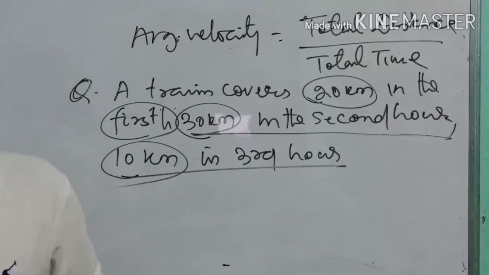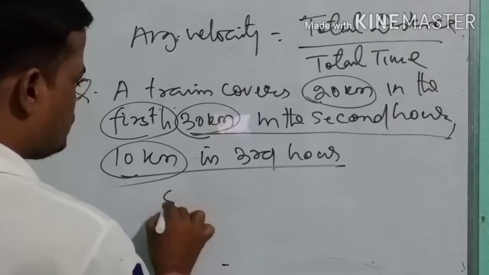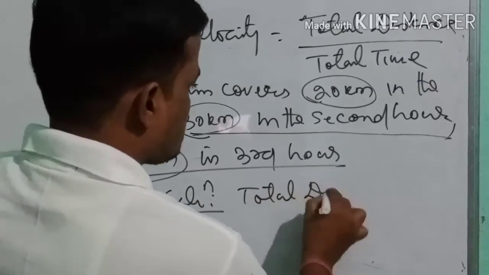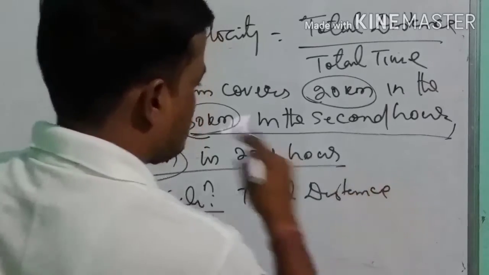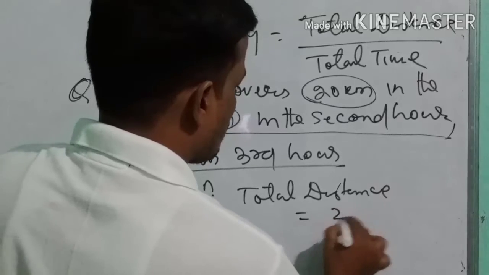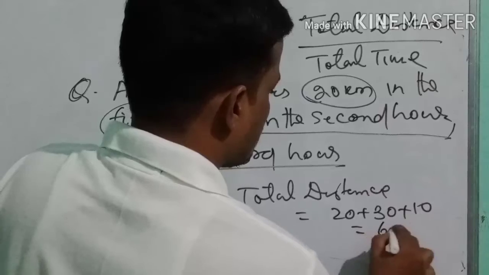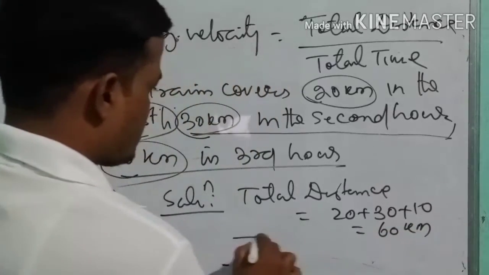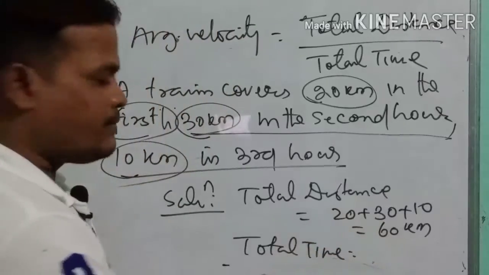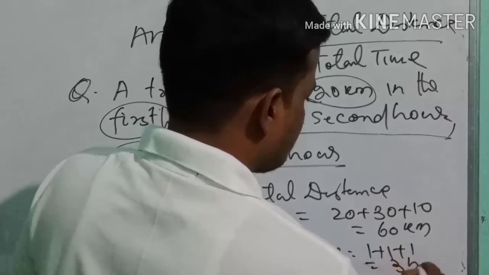Let us see the total. We know that total distance is equal to 20 plus 30 plus 10, equal to 60 kilometer. Total time is 1 plus 1 plus 1, that is 3 hours.